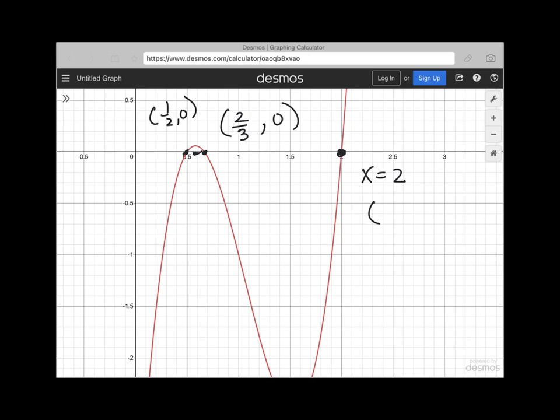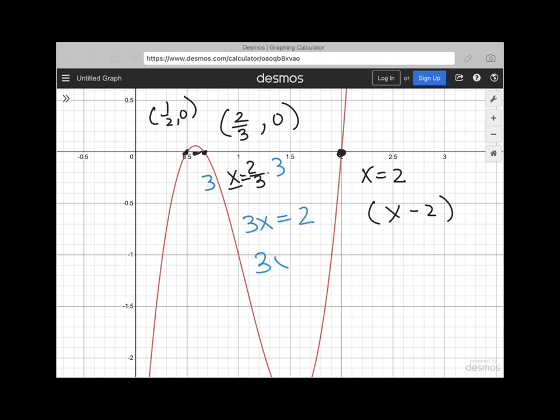x minus 2, as we just said, is a root. Over here, how do you deal with the 2/3? Well, it's really saying that x is equal to 2/3. Multiply both sides by 3, and you would get 3x is equal to 2.